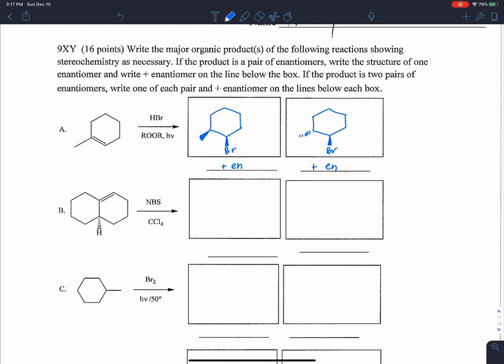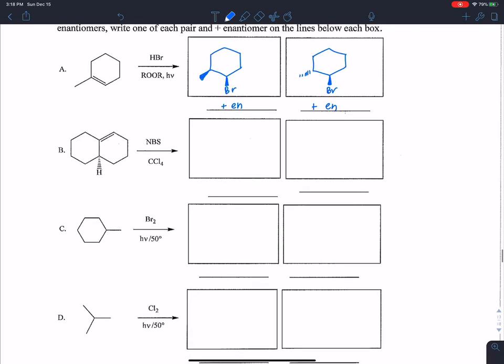Yeah, so this one is like, let's say this is the RS answer, so you would have the SR answer. This is the RR answer, so you would also have the SS answer, like that. Next one, NBS. These are the allylic spots, and the one that's the most substituted is the one that I just circled. So at that point, you have to remember you would do a little resonance, so this goes over here.